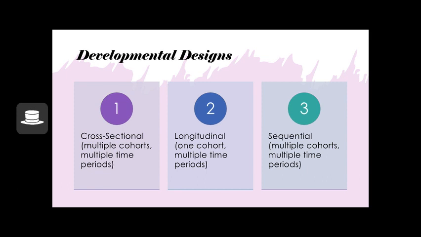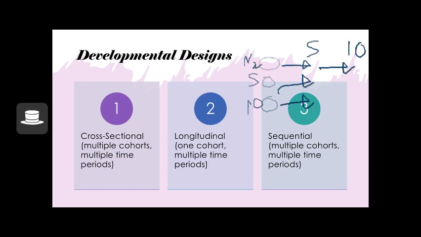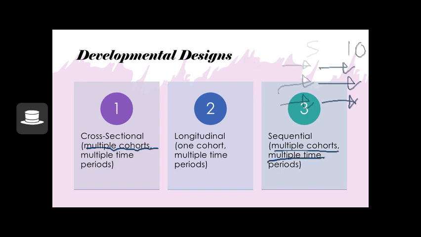So one solution is the sequential design, which is a combination of these two. So I have my multiple cohorts, so from 5 and 10 and now, and then I check in on you guys in 5 years, and then I check up on everyone in 10 years. So it's combining the multiple cohorts from the cross-sectional design and the multiple time periods from the longitudinal design.